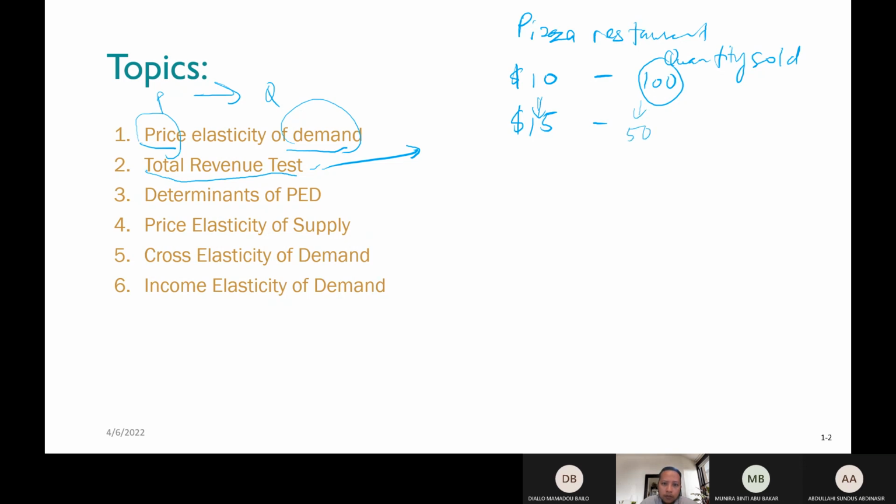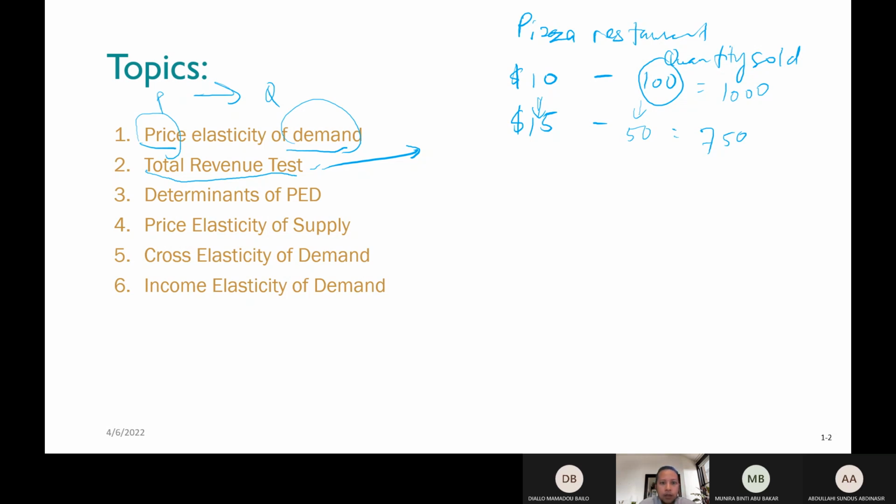So there is a consideration of the revenue. Here 15 times 50 would be 750. So even though you increase the price, the quantity sold will decrease.